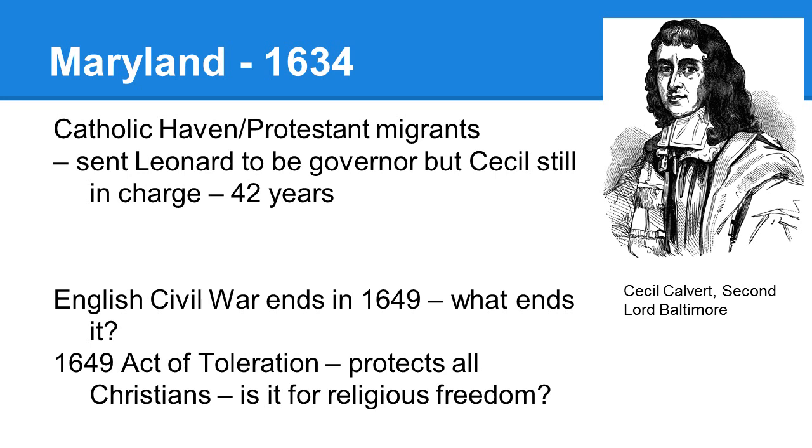Persecution of different religions is going to be the new thing, and so the Catholics in Maryland decide that they need something to protect themselves and other Christians in the new land. And so in 1649, they encourage the English government to okay the Act of Toleration.